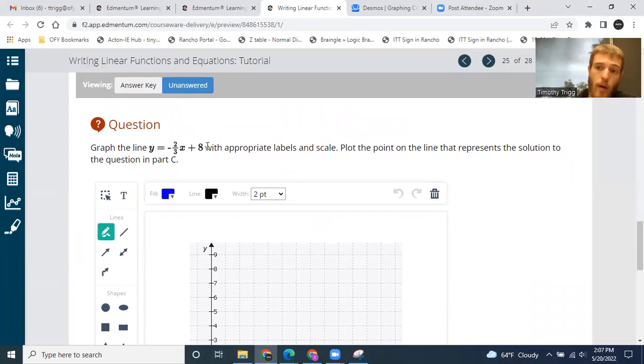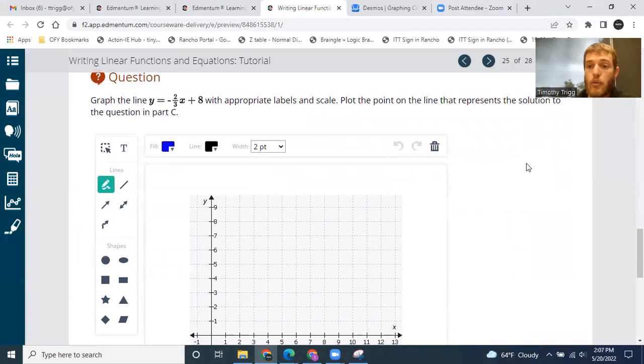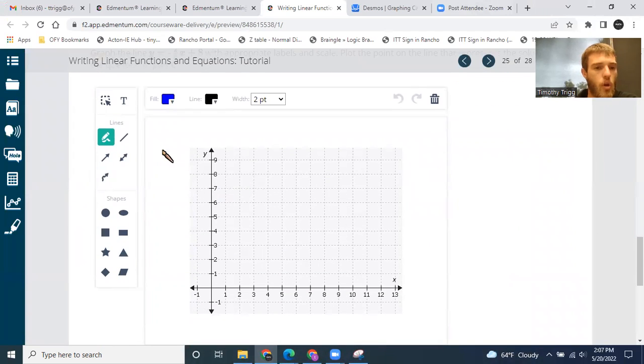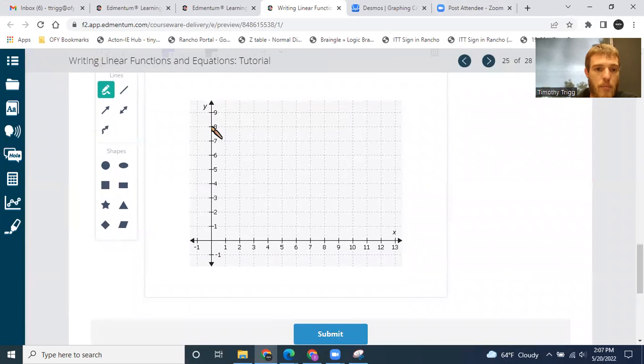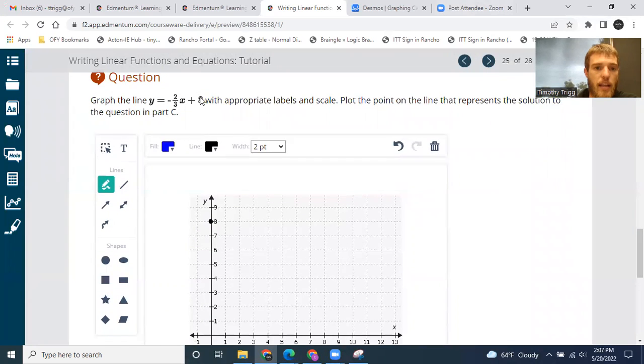Let's go ahead and graph this line. I already kind of described how it would go, so see if you can do it on your own. But if you're having trouble, no worries, I'll go over it. So we have y equals negative 2/3 x plus 8. Negative 2/3 is our slope, it's a negative slope, so it'll be going downward as you go from left to right. And our y-intercept here is 8. So on the y-axis, we're going to put a point at 8, because the y-intercept is 8.